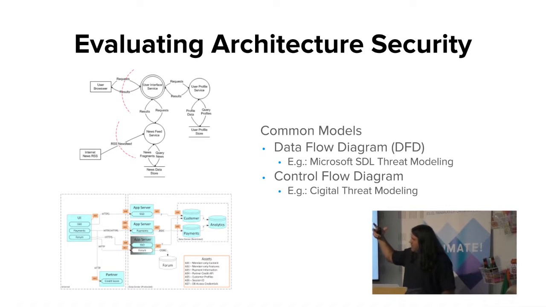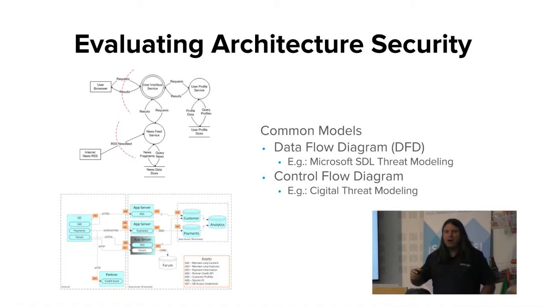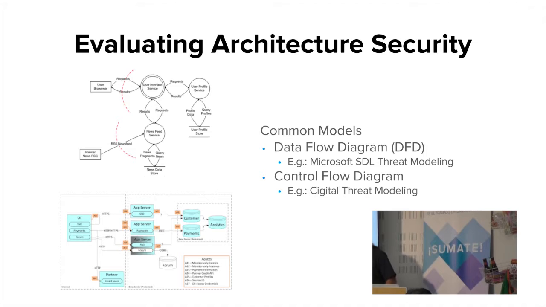It has double concentric circles to represent complex abstractions that may contain multiple processes. These curved lines show where data traverses between components. These right here are data stores, and then the squares are actors, which can be components or users who interact with the system.